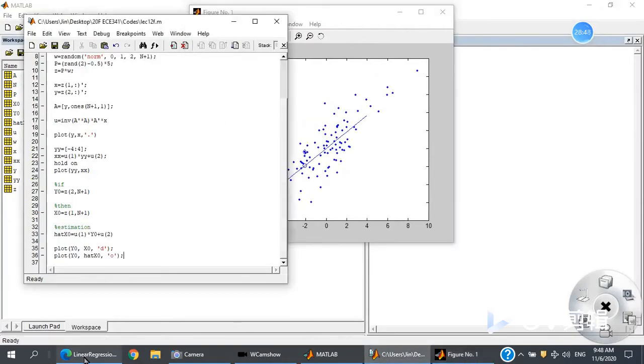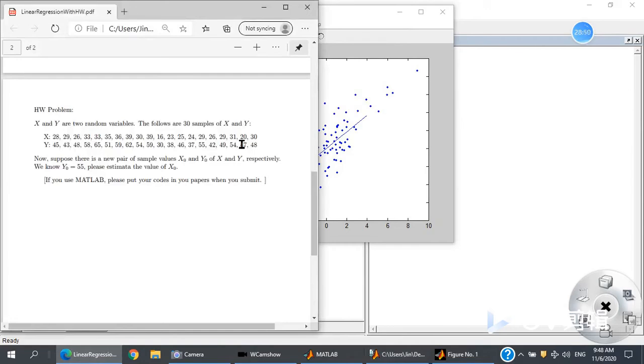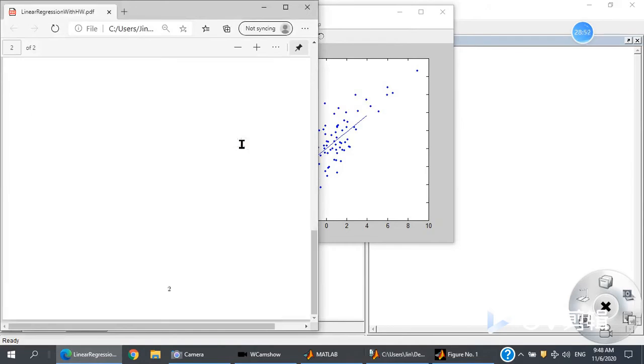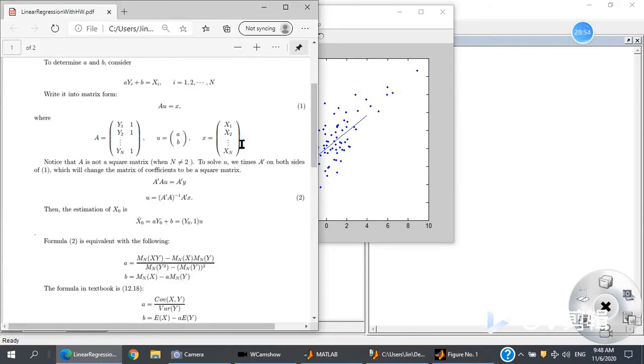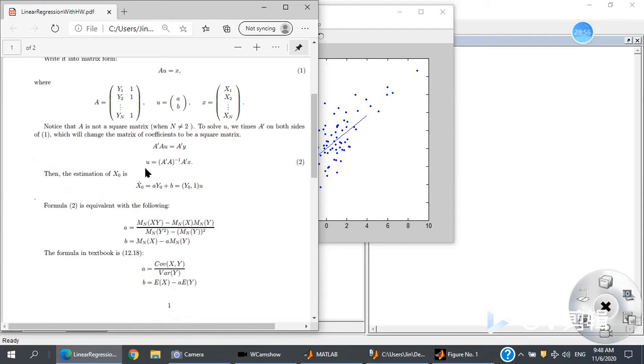But actually, we have more things. Let's go back. Here, I gave this formula. This is just a formula you can use in MATLAB. Write all the coefficients in matrix form. That is very convenient. And this is a commonly used formula.